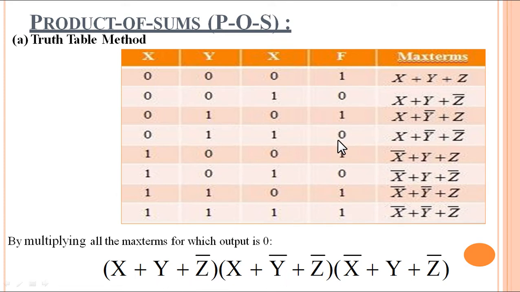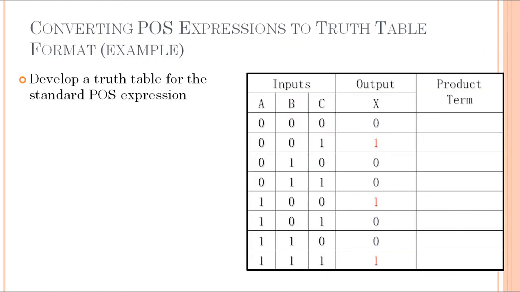The next 0 appears over here, so write x plus y bar plus z bar. Then write the next value, x bar plus y plus z bar. So by multiplying all the sum terms for which the output is 0, we have got this expression. This expression is said to be the POS form expression.